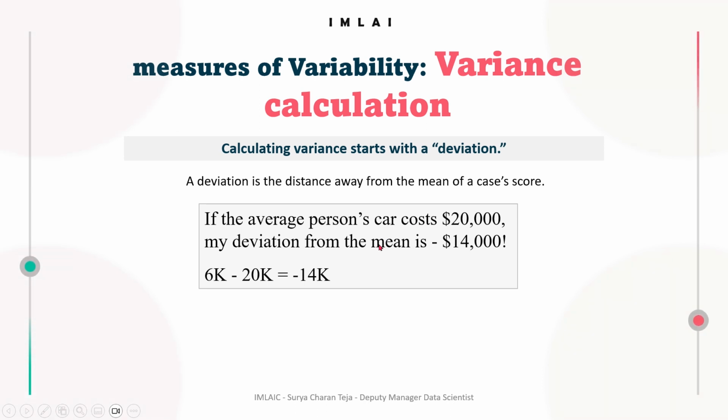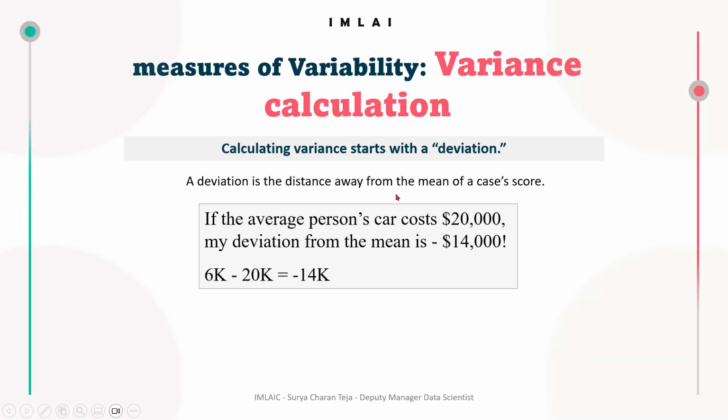Now I have a car which costs around $14,000. If I want to calculate my deviation from the mean of the population, it would be 20,000 minus 14,000, so that would be 6K. So that's how we calculate the deviation.